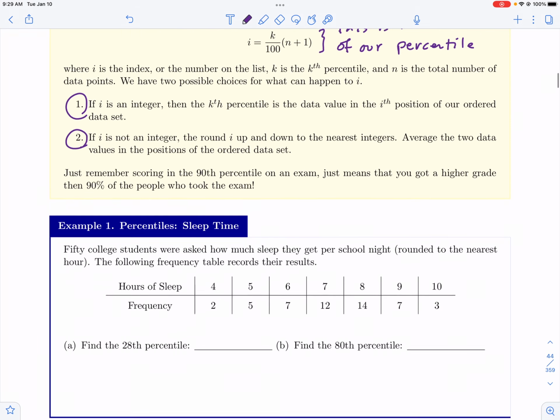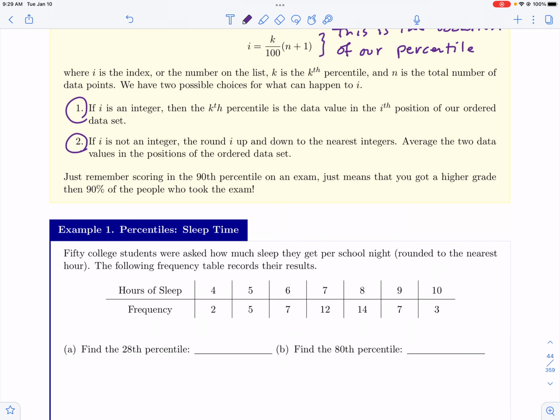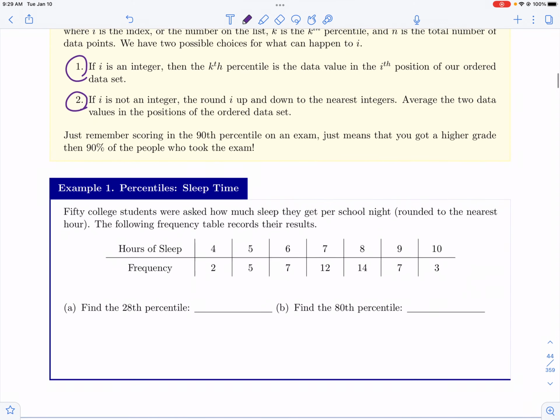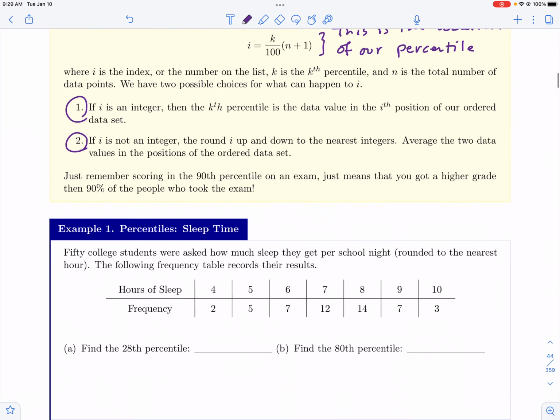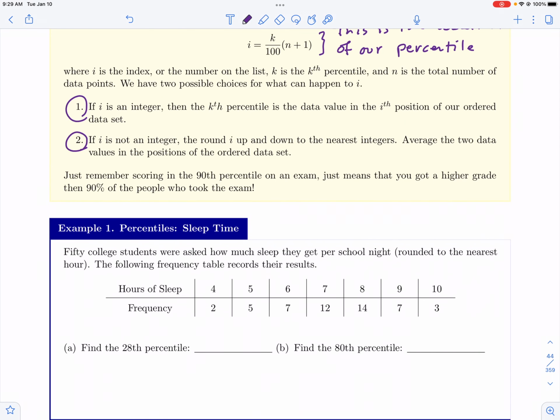All right. So we're trying to find the 28th percentile and the 80th percentile of our set of data here. The first thing we need to figure out is the location of our 28th percentile. The K in our formula is our percentage as a whole number, and N is the total number of elements in our list.